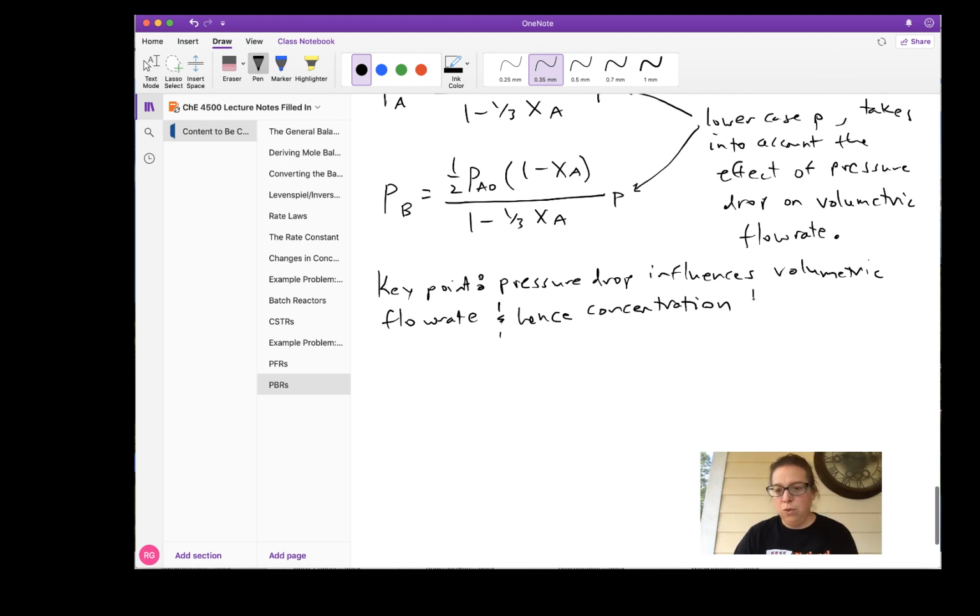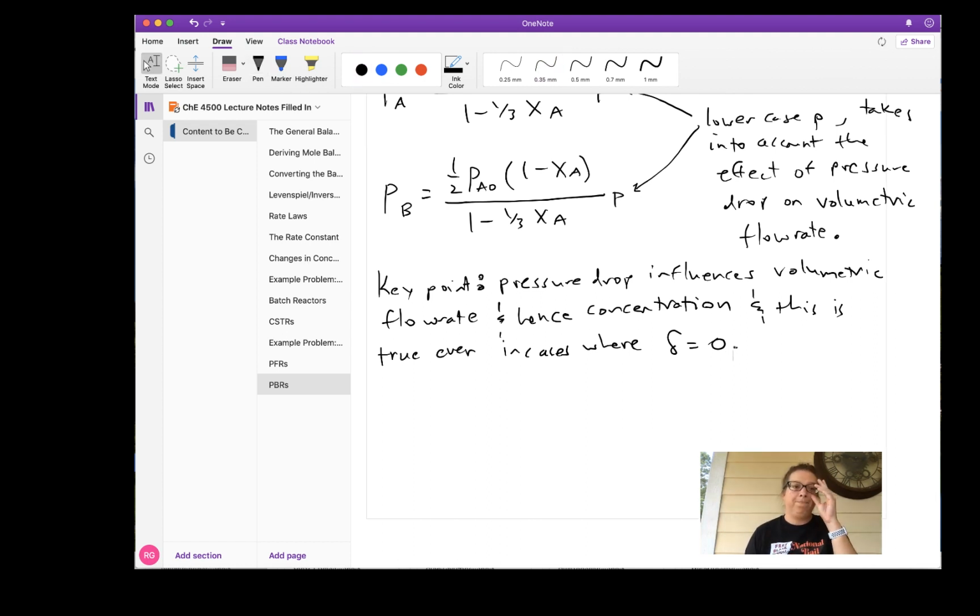And this is true even in cases where the number of moles does not change. So it's a separate effect. So that's all I want to say here.